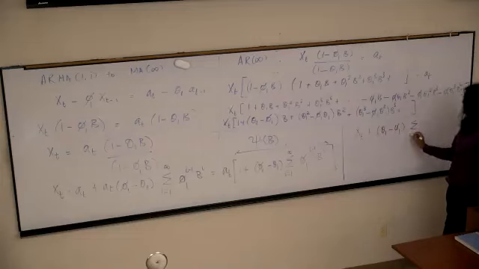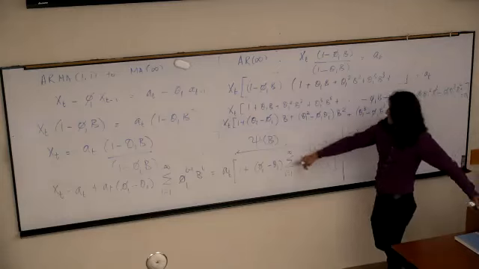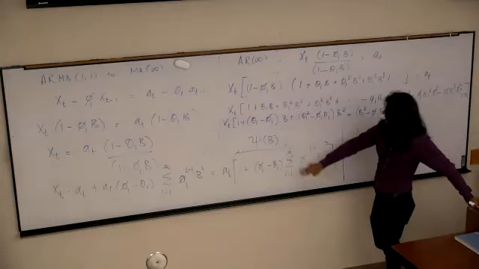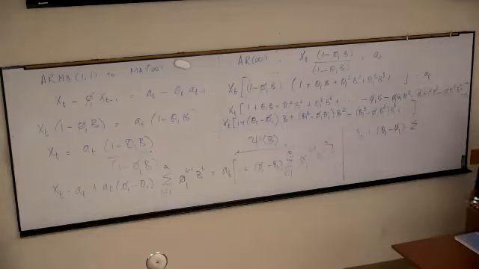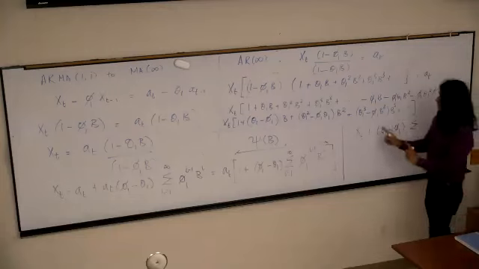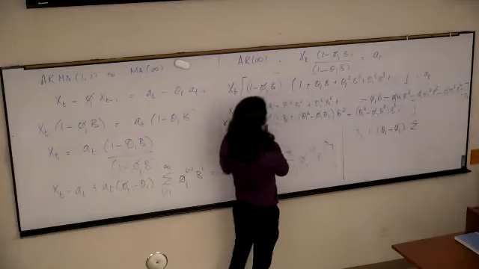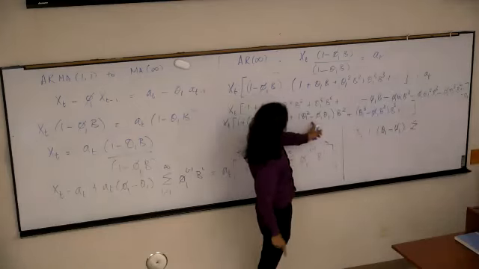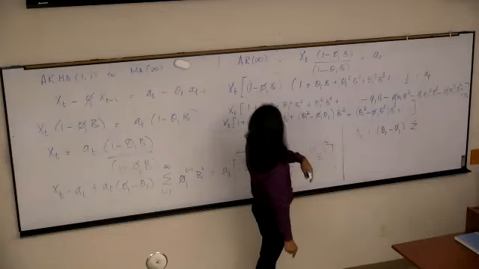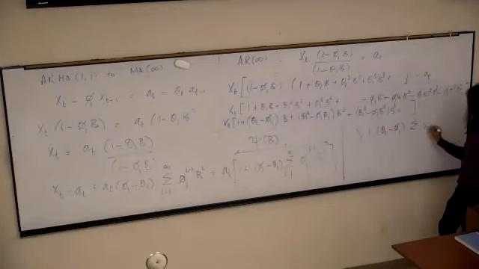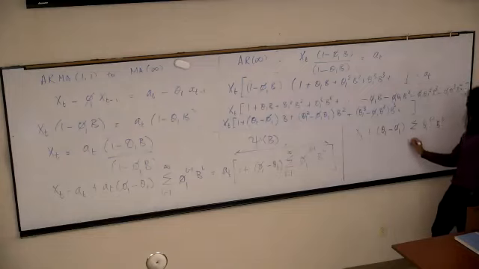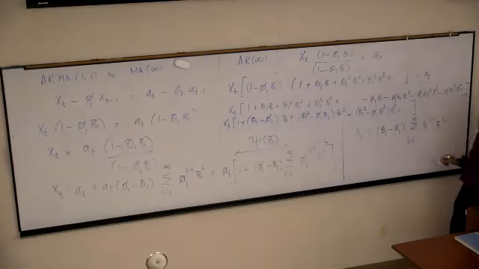Same logic, i equals 1 to infinity. This would be B raised to i, i equals 1, 2, 3. And when you pull theta1 minus phi1 out, that expression would end up having theta1 raised to i minus 1, so 1 less, i equals 1 to infinity.